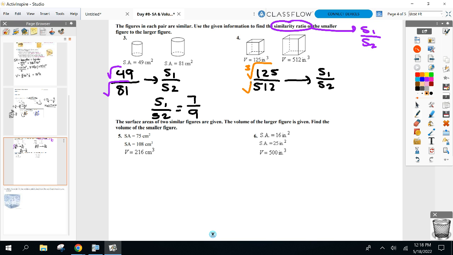Okay, good. Do you want to call that triple rooting? So my similarity ratio is 5 over 8, I believe. Somebody check me there. 5 over 8. Yep. All right.